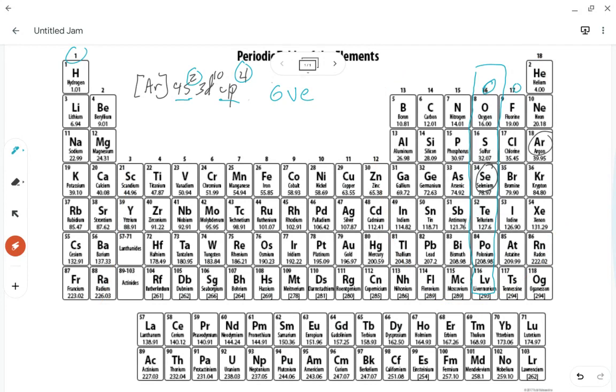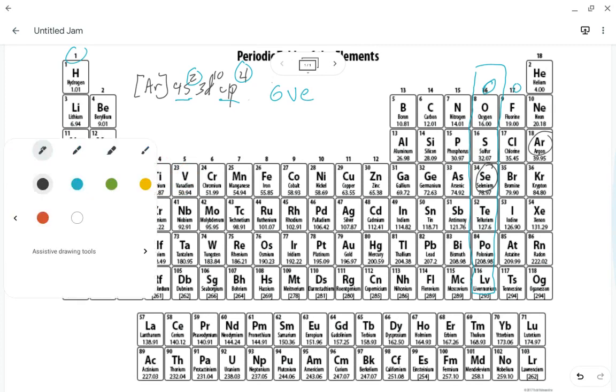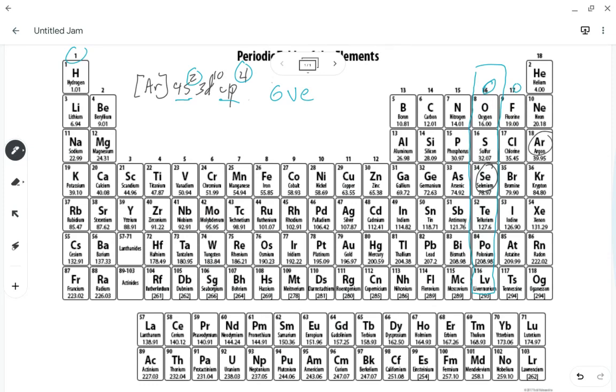For all these other elements, like for instance scandium or titanium or vanadium, if we were to write their electron configurations, for scandium it'd be Ar 4s2 3d1, and for titanium it'd be Ar 4s2 3d2. The only valence electrons are the ones in the outermost, or the fourth, energy level. So all these elements down here technically just have 2 valence electrons.